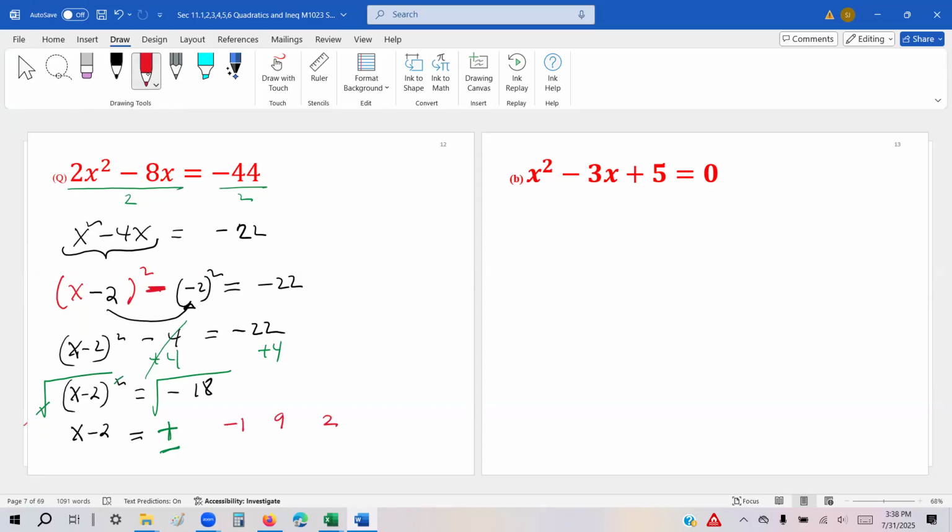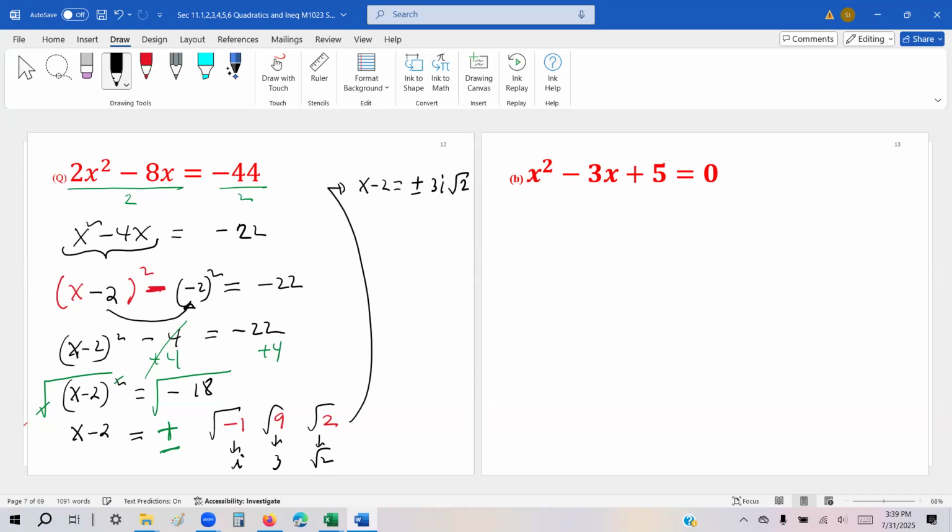Why? Because this is reducible. Anytime you have a negative, we have to take it out. And 18 is reducible, so it's 9 and 2. Square root each quantity. This gives you i, this gives you 3, this we don't know, so keep it. That means from here we have x minus 2 is plus minus 3i square root of 2.